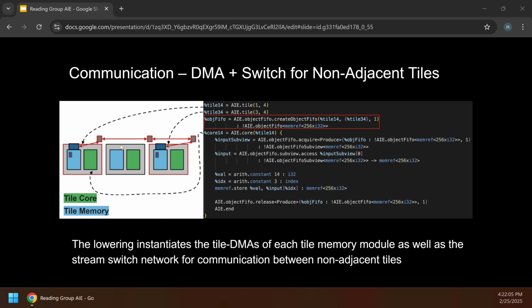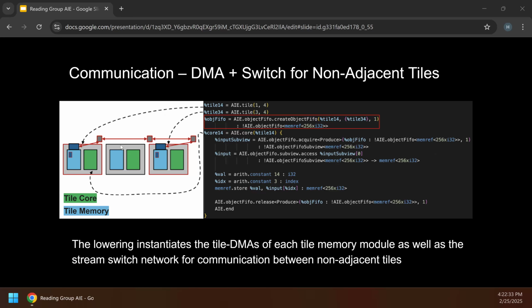Let me ask another question. And if I'm asking questions that everybody else knows, just tell me to stop asking so many questions. Okay, so that's a FIFO with one word. That's what the one means. Is that right? Yeah. But then it's got a property on it of a type, AIE object FIFO, which is 256 words by 32 bits wide. What does that mean? I mean, it's a memory buffer, but is it saying that's what's connected on the other side?